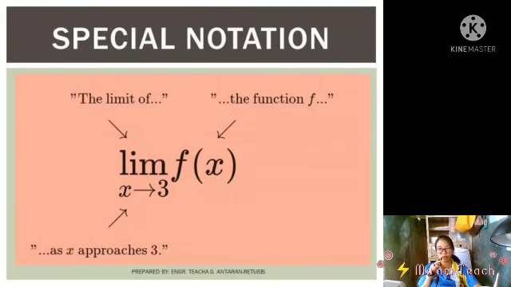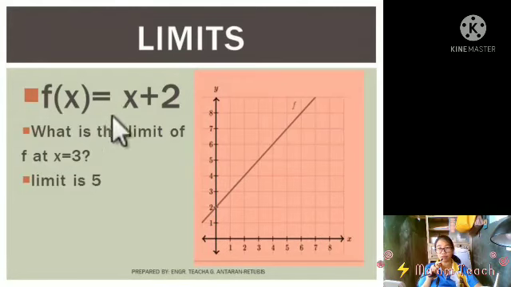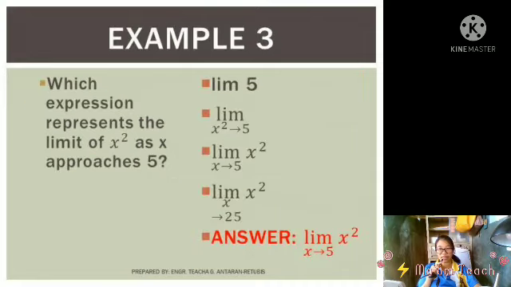If, for example, you are given the equation x plus 2, instead of f of x, you will write the limit of x plus 2 as x approaches 3. This is how you will write it: the limit of x squared as x approaches 5.